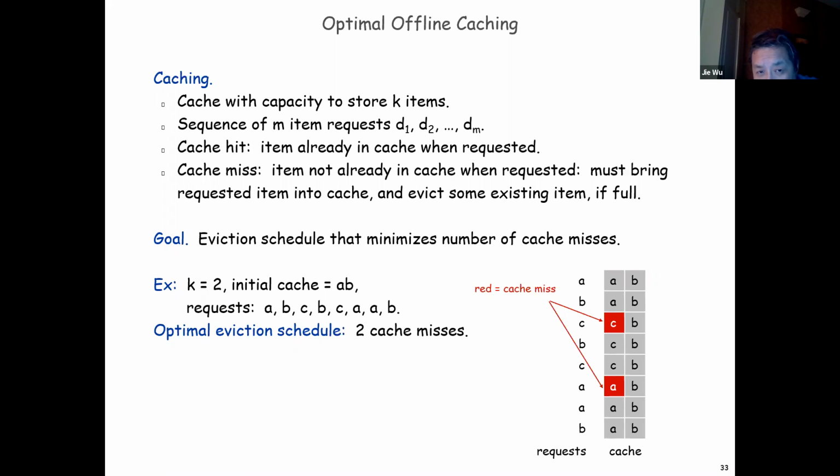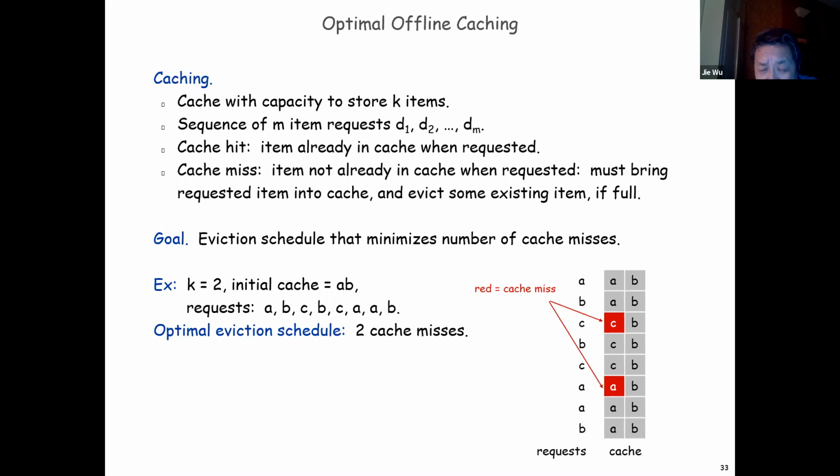You put A first and B, right, A, B. Then when you have a C, the question is whether you evict A or B. In this case, you remove A, then you have a C, you still hit, B is there, then C hit, then nothing. Until another A comes later, then you miss. Now the question is whether you replace A, B or C. In this case, remove C. So you get only 2 misses.